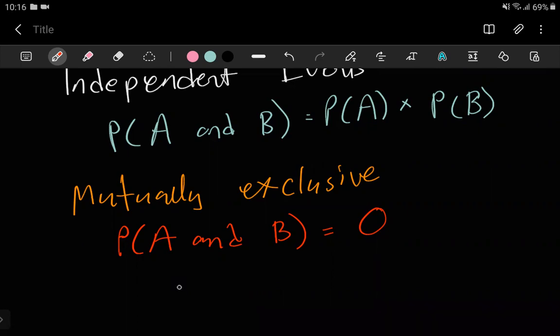So, for example, it's maybe a scenario where you're talking about, let's say, the probability of it raining, the probability of it being cloudy, or the probability of it being sunny. So those are three things where you cannot necessarily say they can occur at the same time, you know? For example, if it's sunny, then it's not going to be raining. If it's raining, then it's not going to be sunny.